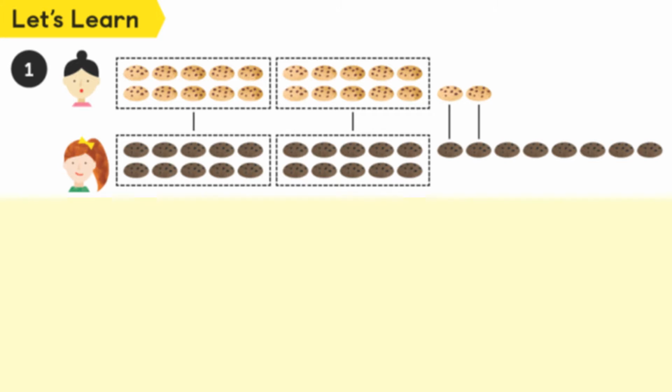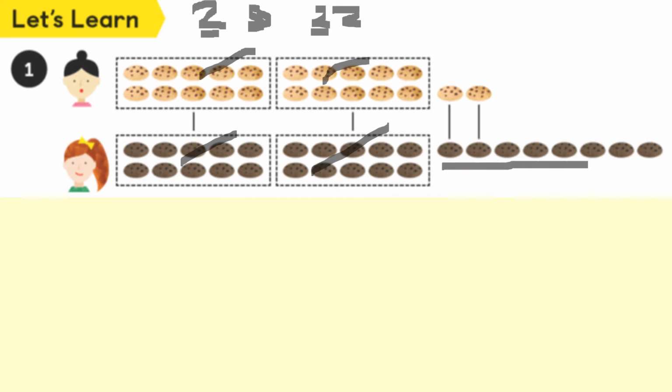If I write the number 28 and 22, they both baked 2 10s, so we can cross those out. There's our 2 10s. They both baked 2 10s, but Sally baked more ones. She baked 8 ones, while Lily only baked 2.